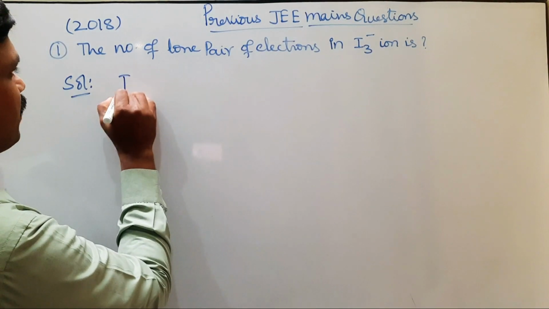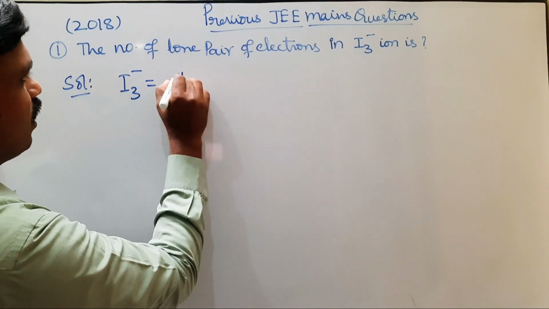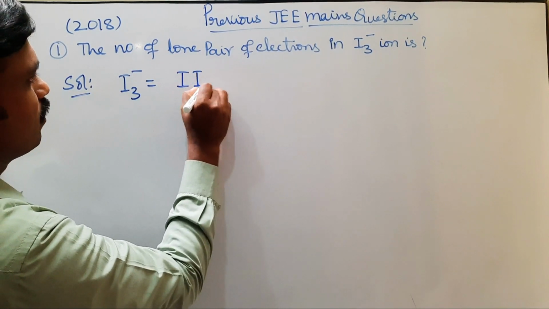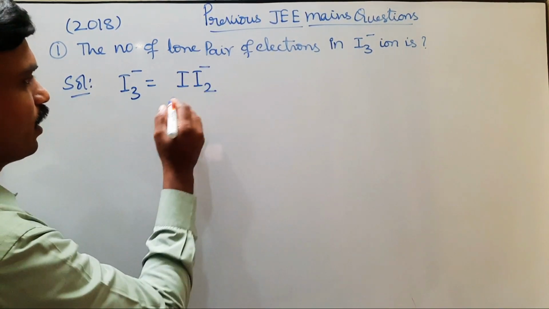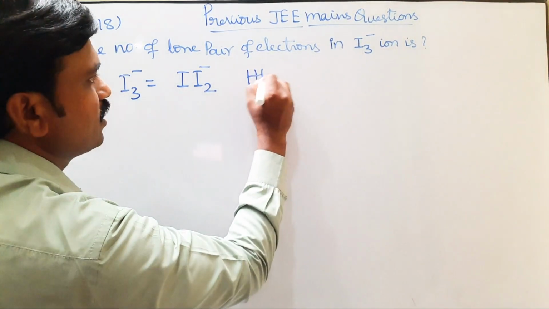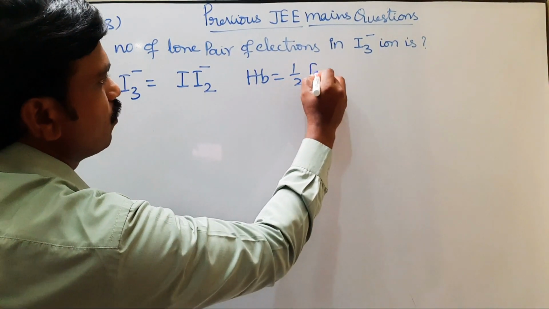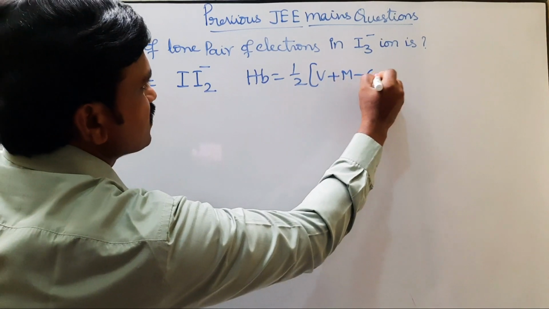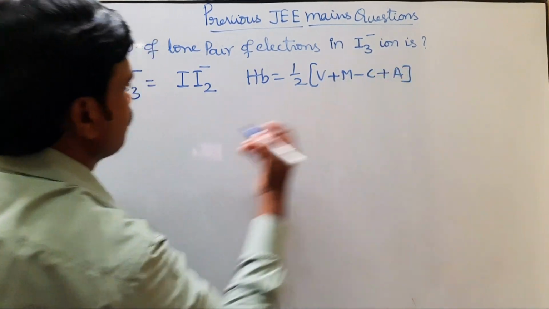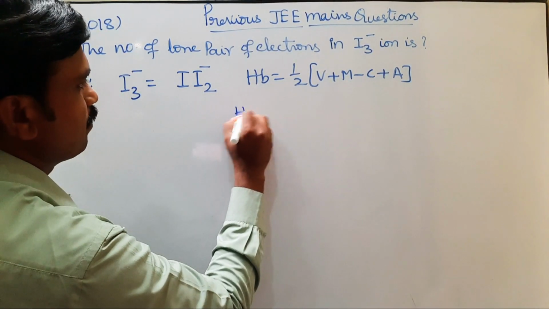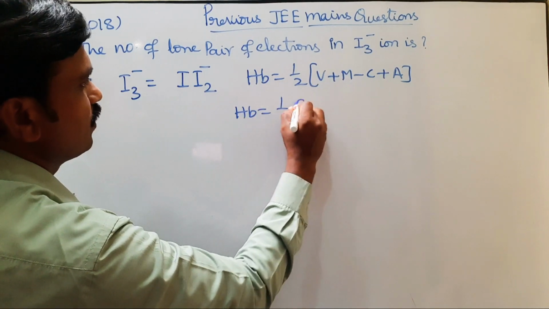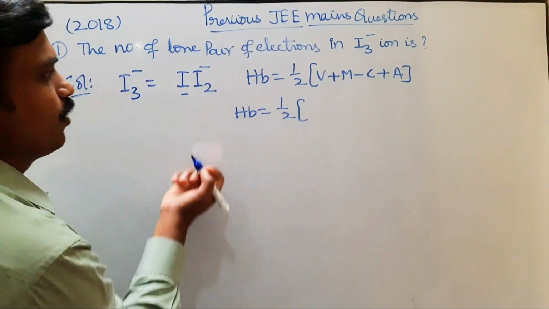I3 minus ion has I and I2 minus. Look at the hybridization formula: hybridization is equal to half into V plus M minus C plus A. Here the central atom is iodine.